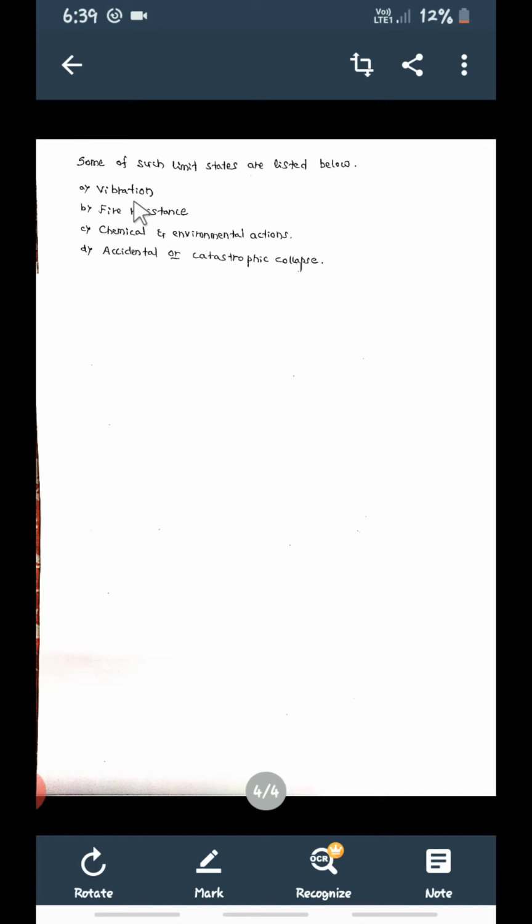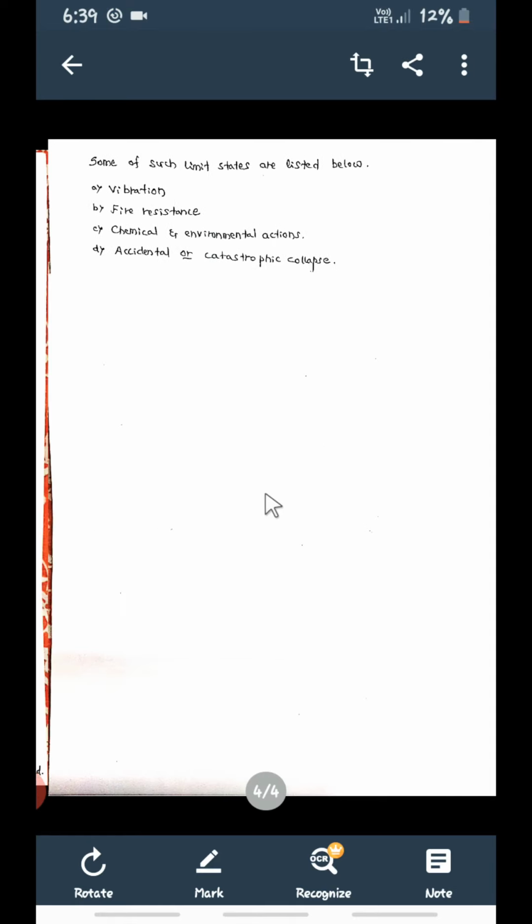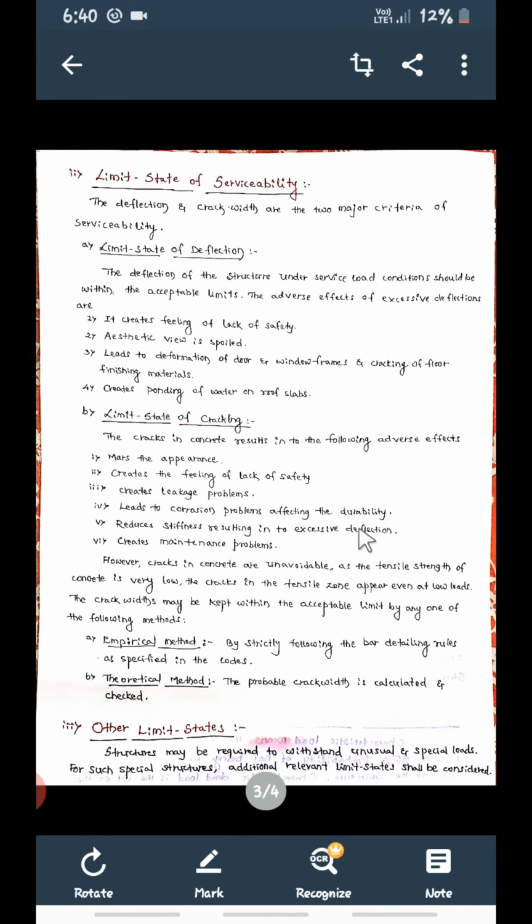Because of the operation of machineries, vibrations will be there, which is another problem. Then fire resistance, chemical and environmental actions, then accidental and catastrophic collapse. These are the additional problems that will be considered in special cases, so these are the other limit states.